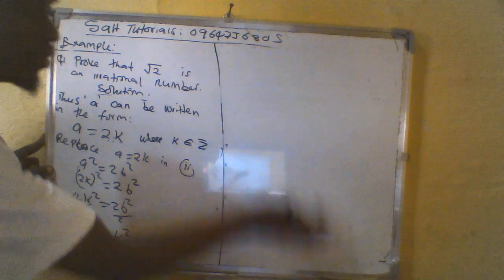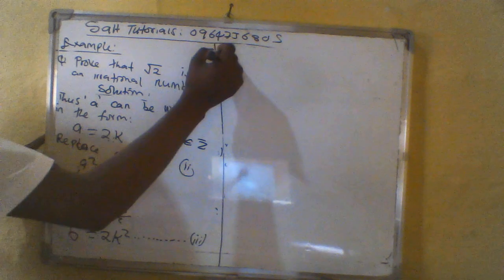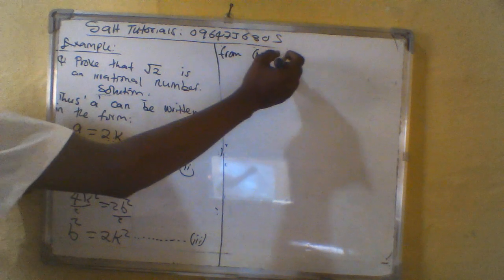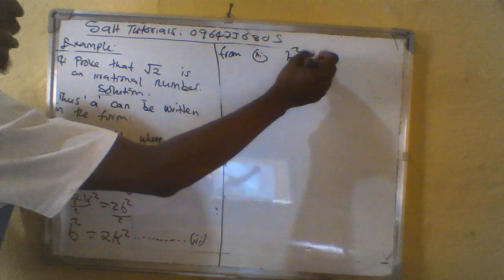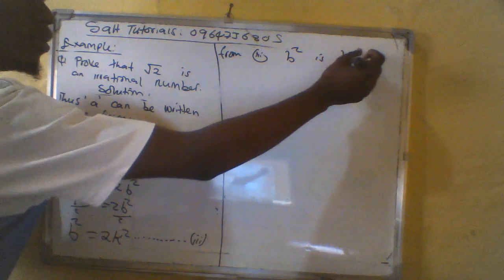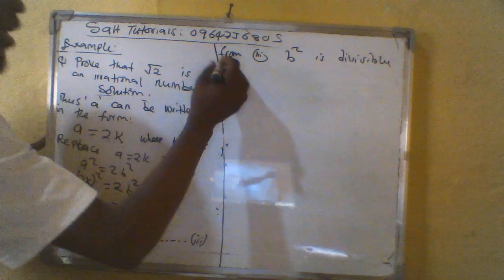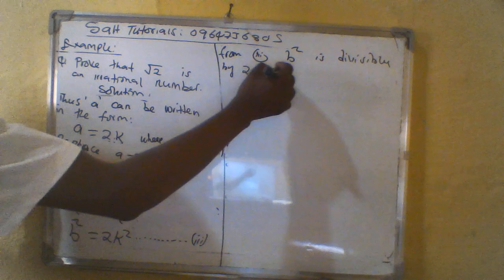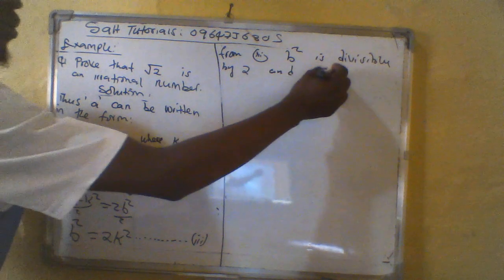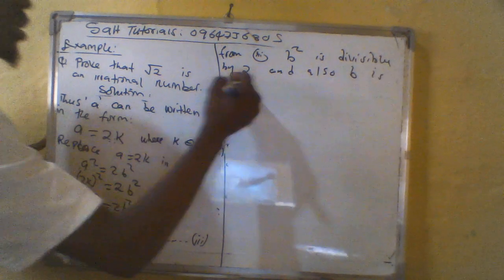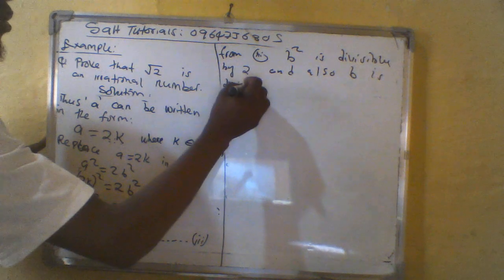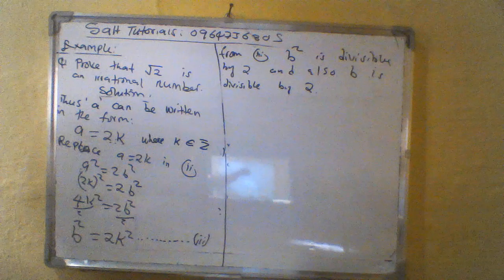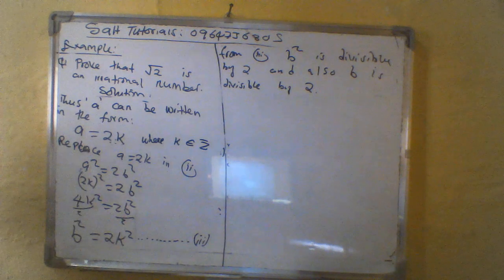So from equation 3, we see that b squared is divisible by 2. So if b squared is divisible by 2, it implies that b is also divisible by 2.